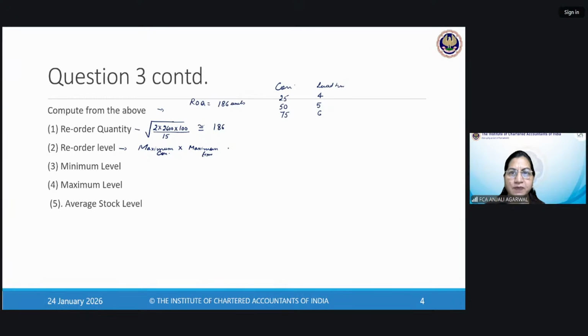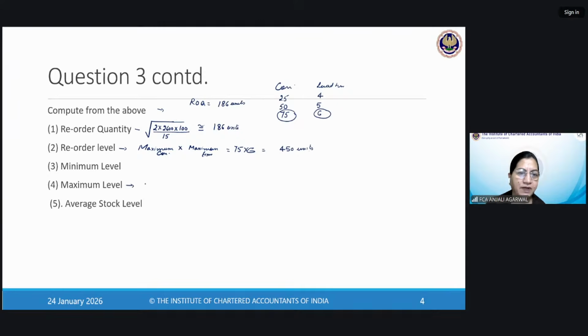Maximum consumption into maximum time. Maximum consumption is 75 per week, and the maximum time it might take is 6 weeks. 450 units. So when your stock is 450 units, you place an order for 186 units.